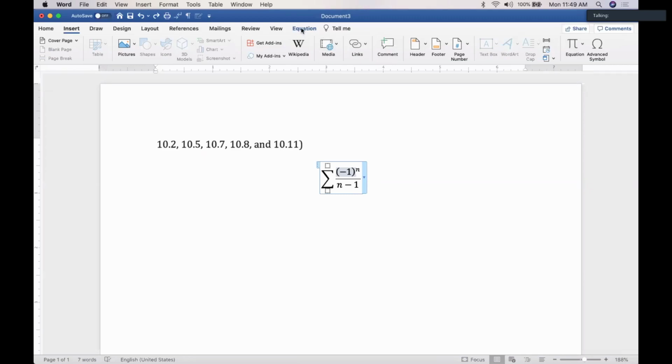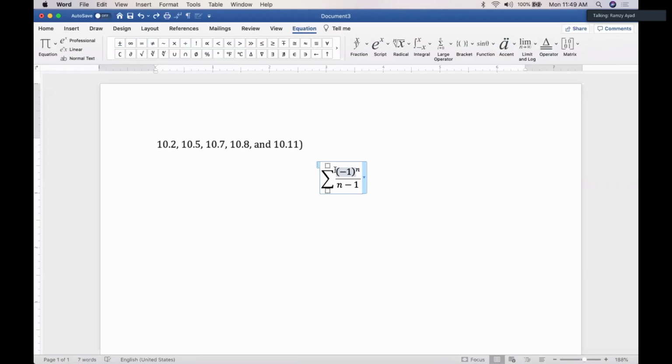Okay, here it is. I'm going to put n raised to 2, and I'm going to put a factorial on that one. Here's the series that we want to test.